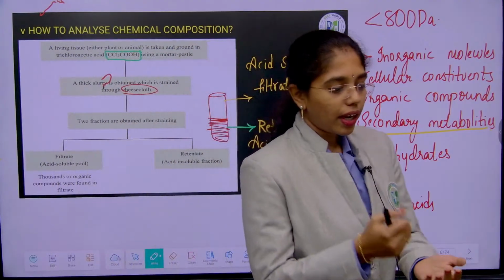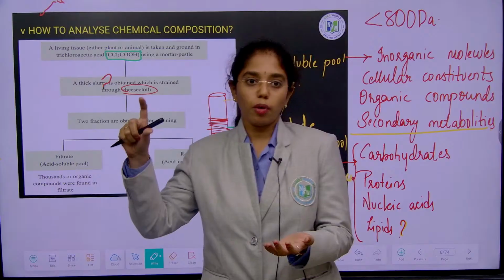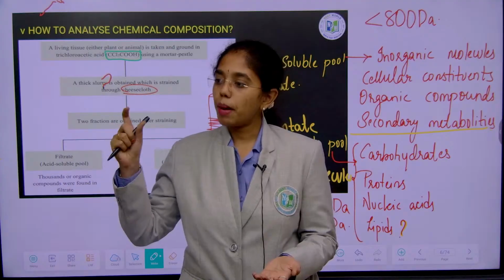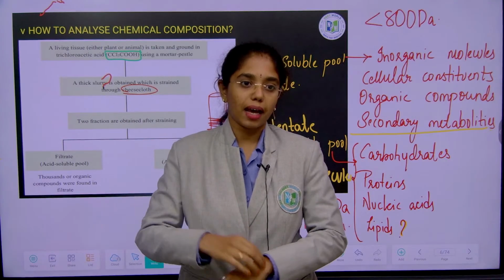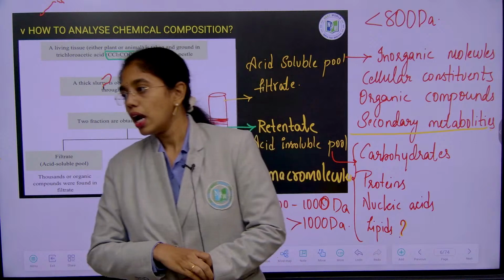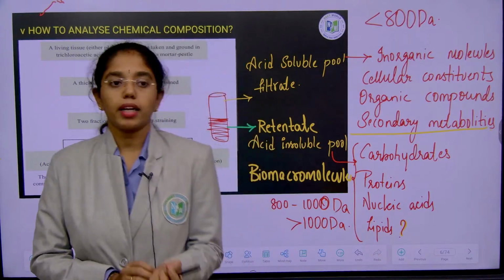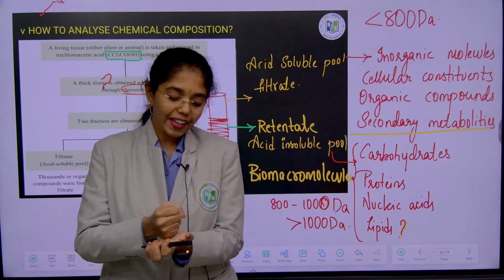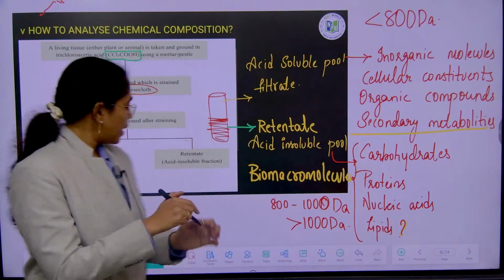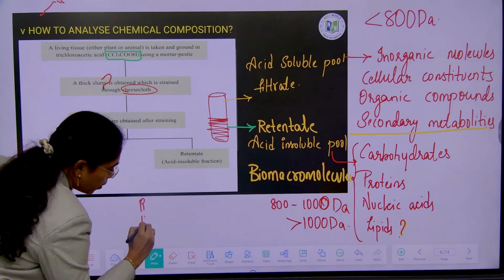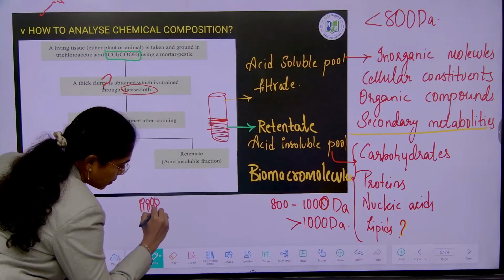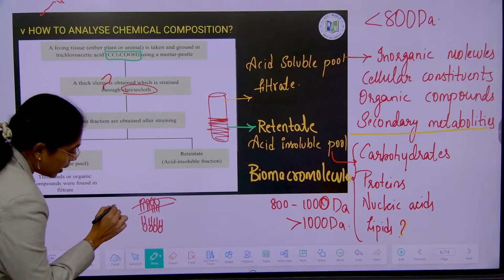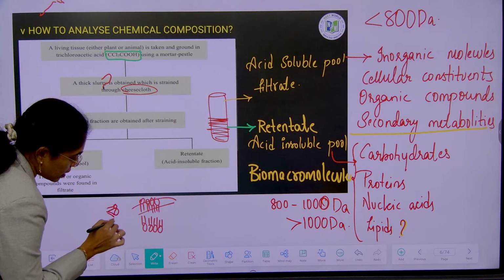See, we have learnt the fluid mosaic model in cell the unit of life. How much percentage of the plasma membrane is composed of lipid? Let us say the RBC, erythrocyte cell membrane. About 40% or 42% is composed of lipids. In a lipid bilayer they are arranged like this, but when they are disrupted and ground up, they will form micelles.